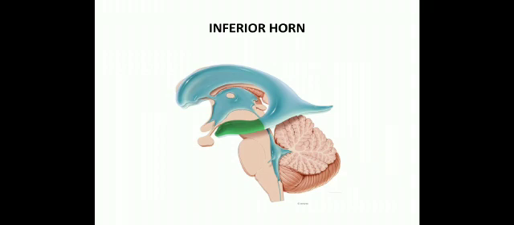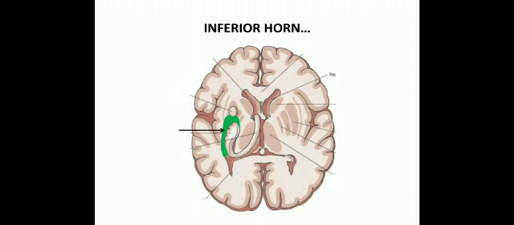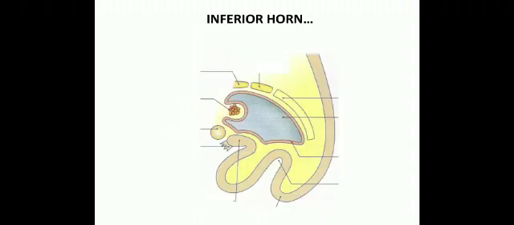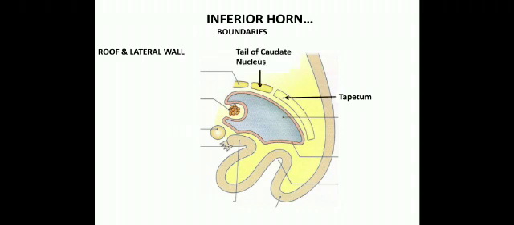Now the inferior horn, the largest horn of the lateral ventricle, begins at the junction of the central part with the posterior horn of the lateral ventricle and extends into the temporal lobe. Here you can observe the inferior horn present in the temporal lobe. The boundaries: the roof and the lateral wall are formed by the tapetum, then the tail of the caudate nucleus, the stria terminalis and also the amygdaloid body.